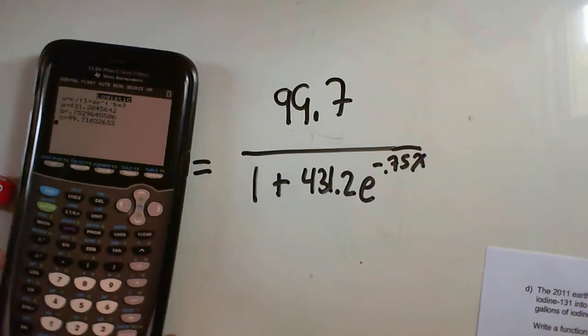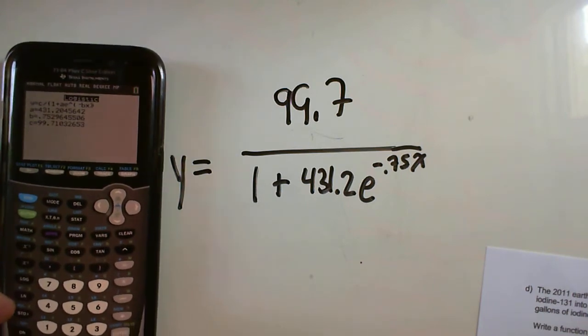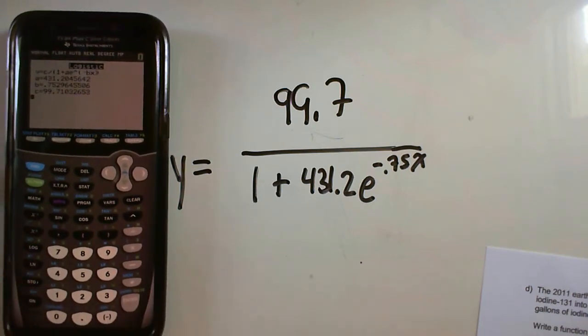Now, the information that the calculator spit out basically equates to this equation right here. We only look at logistic modeling very briefly. You don't need to know all that much about it. This C value, that 99.7, is actually the value that it flattens out at over time. If you notice, and this is all you really need to notice about logistic modeling, this is a decreasing function.